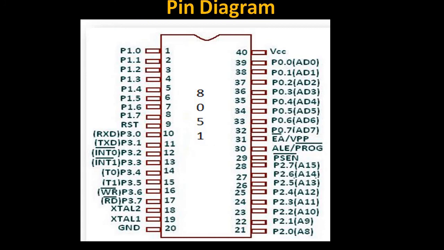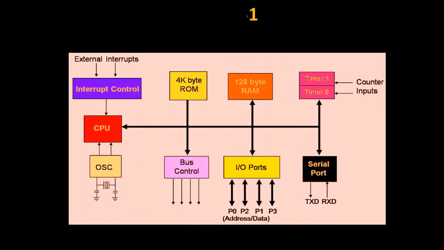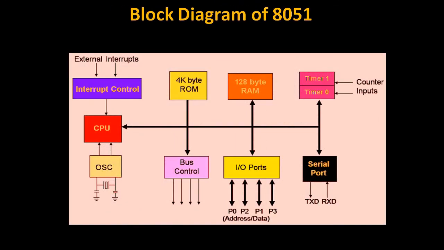This is the pin diagram for the 8051 microcontroller. You can see 20 pins on each side, so a total of 40 pins. Now this is the block diagram of the 8051.